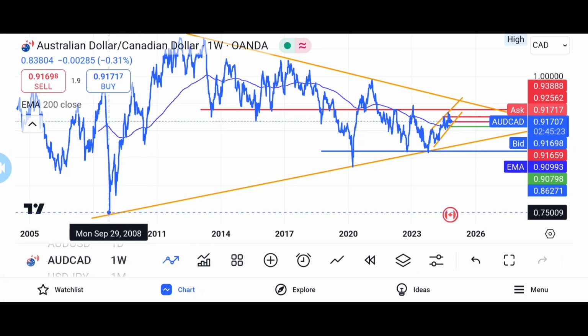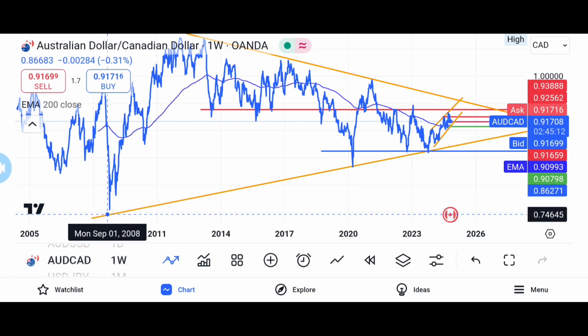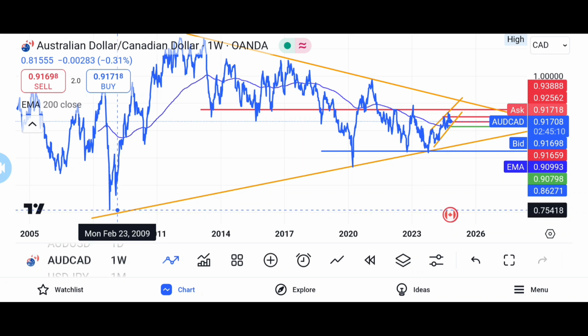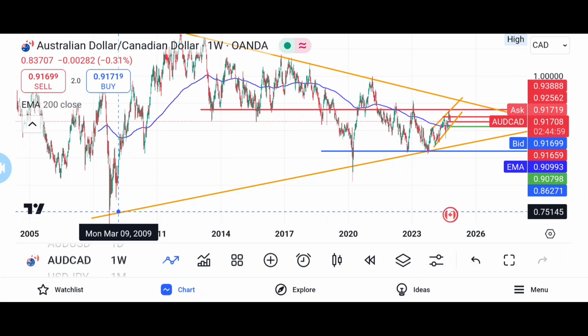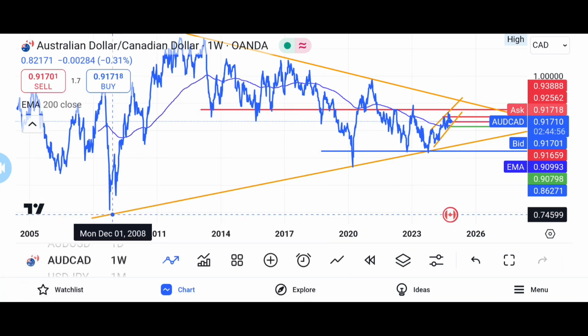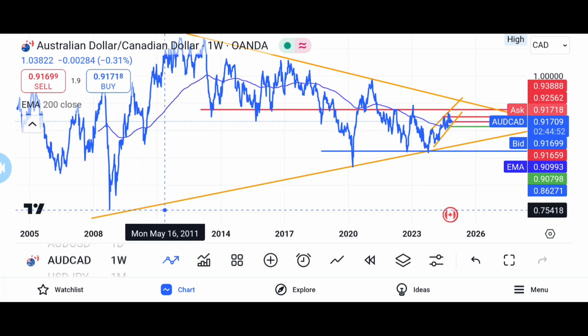Some people argue that you should draw starting from the body or wicks. For me, I draw using the line chart, okay? So you go to your settings and change from candle to line, so you can see it clearly. Now it's easy to draw the trend line.